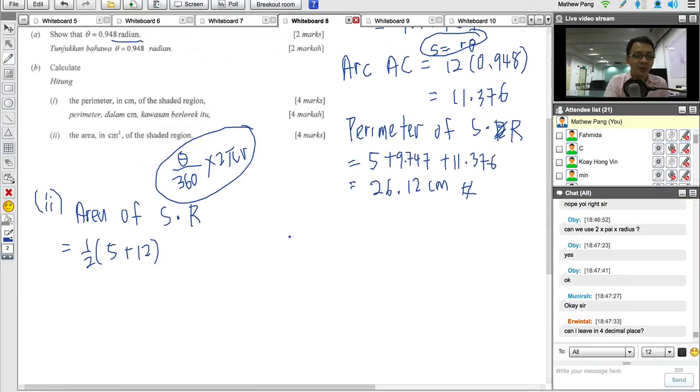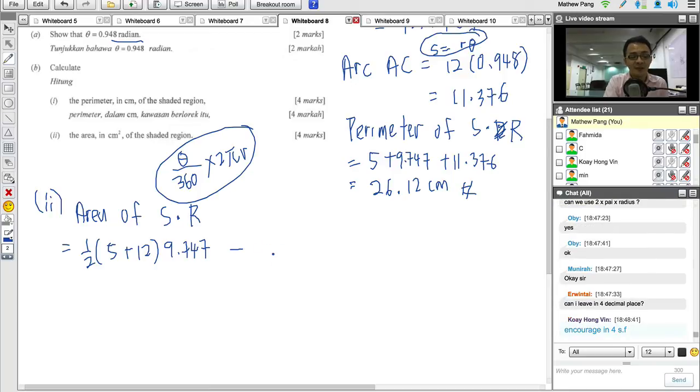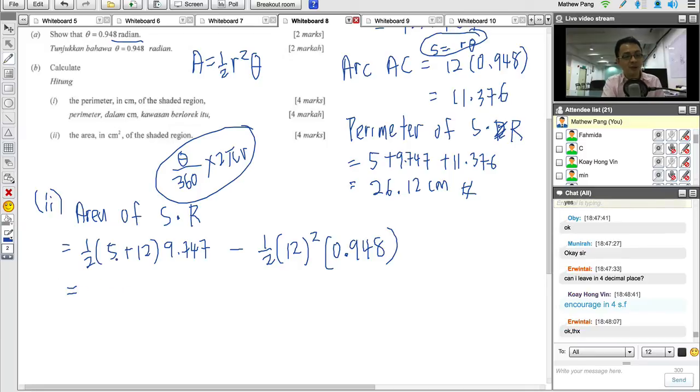Height will be 9.747. Minus the area of sector, which is 1 over 2 r square theta, isn't it? So minus 1 over 2, r is 12 square, theta is 0.948.